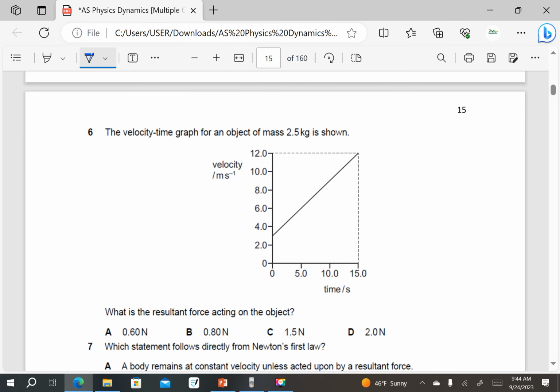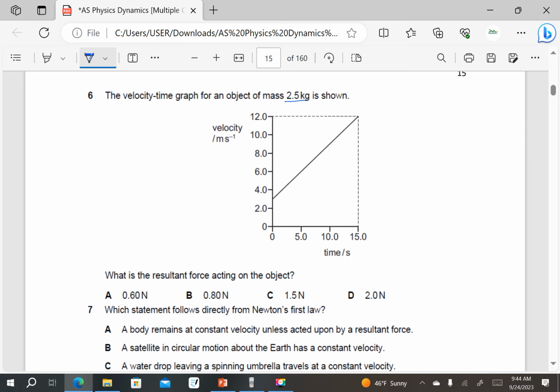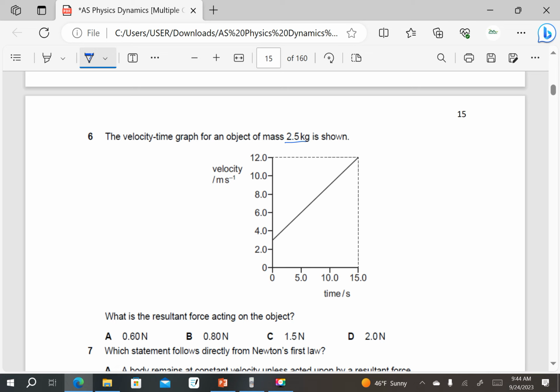The velocity time graph for an object of mass 2.5 kilograms is shown. What is the resultant force acting on the object? Of course, this graph is going to help us to find the acceleration, because acceleration is the gradient of a velocity time graph.